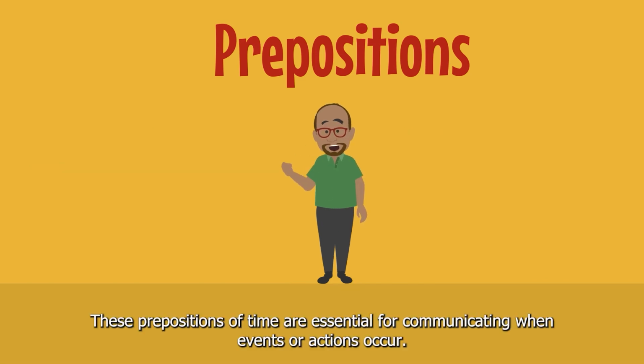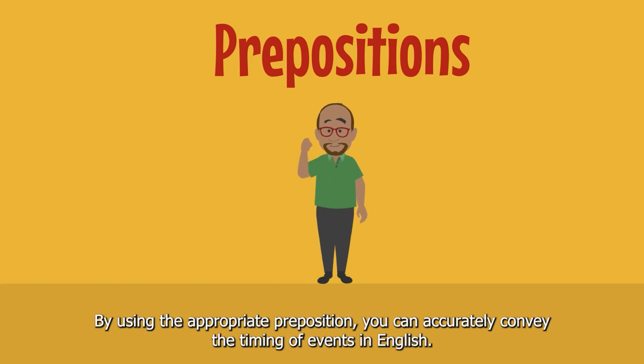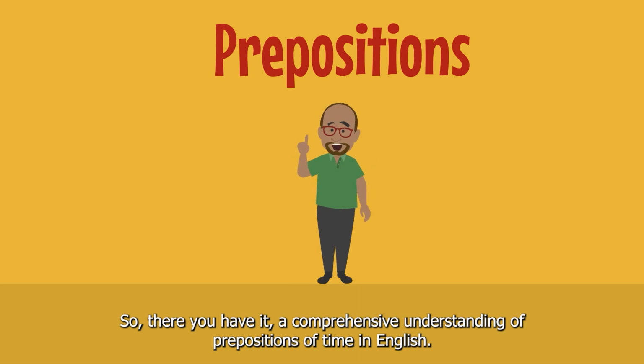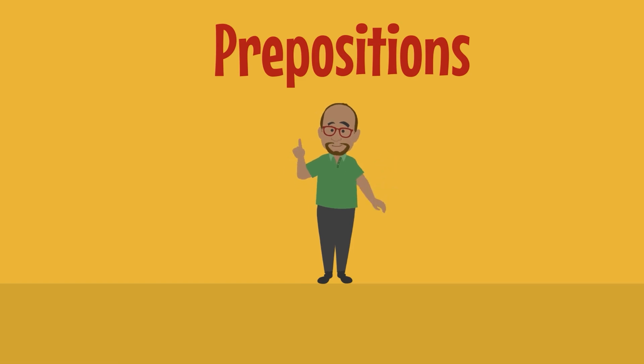These prepositions of time are essential for communicating when events or actions occur. By using the appropriate preposition, you can accurately convey the timing of events in English. So, there you have it, a comprehensive understanding of prepositions of time in English.